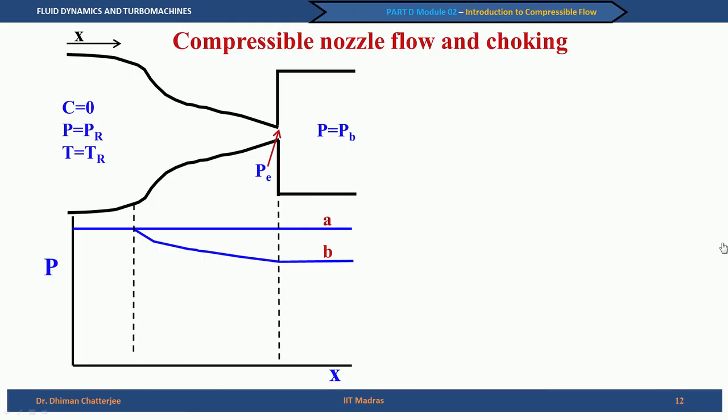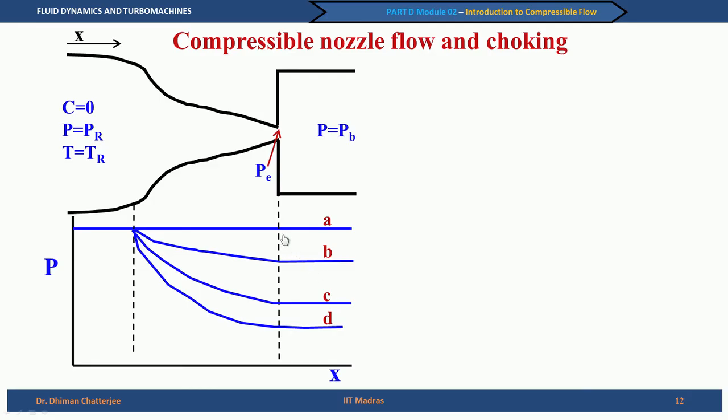We continue reducing P b further and we get the curve C, where again P e is equal to P b, and D, P e is equal to P b. And then if we reduce P b further, what we find is that the flow rate does not increase anymore.